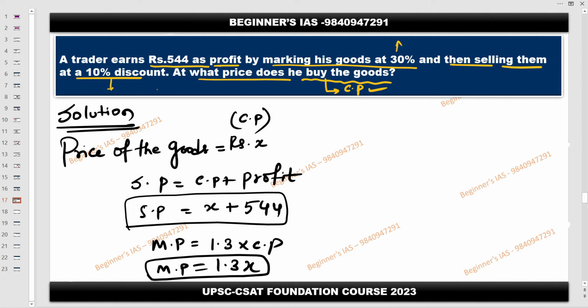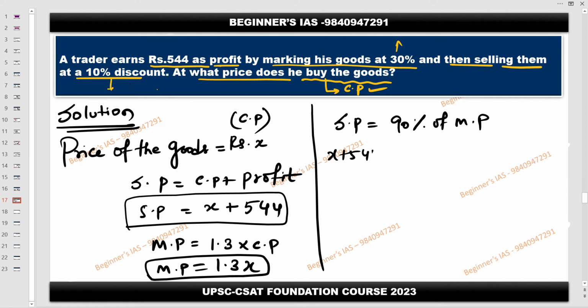Yes, sir. With respect to the CP, 1.3x. Then what would be the selling price? The selling price is equal to, 10% discount means what? Simple. Then 90% of MP is nothing but the selling price. Clear? Then x plus 544.